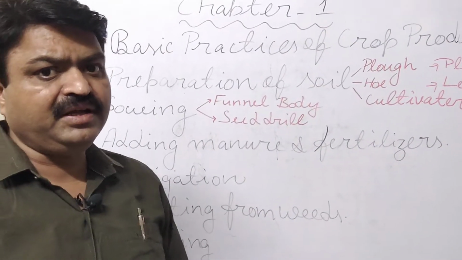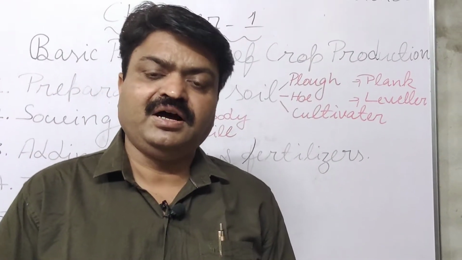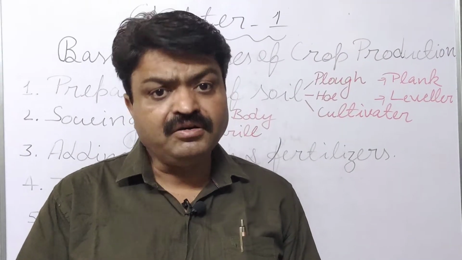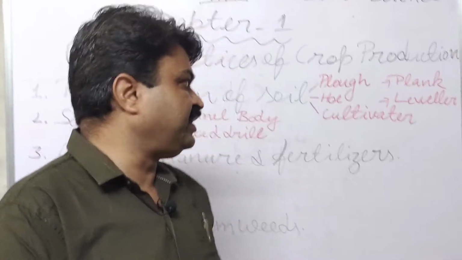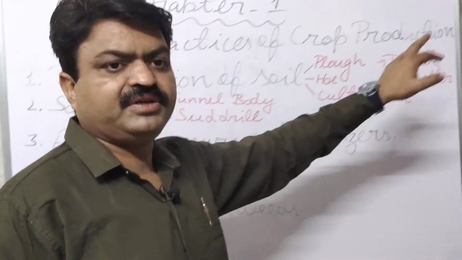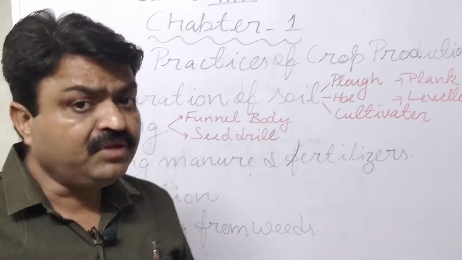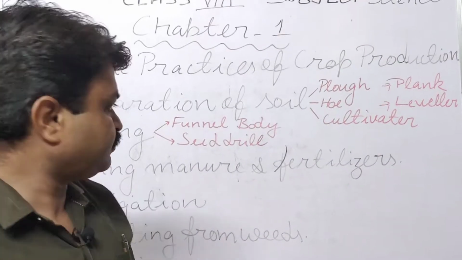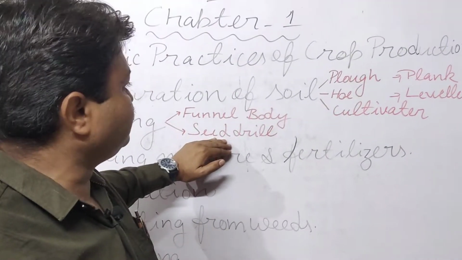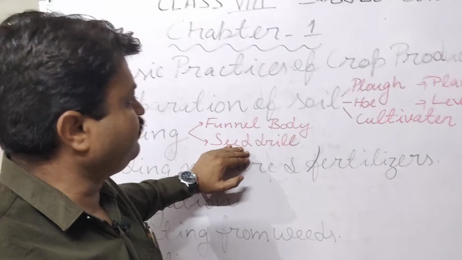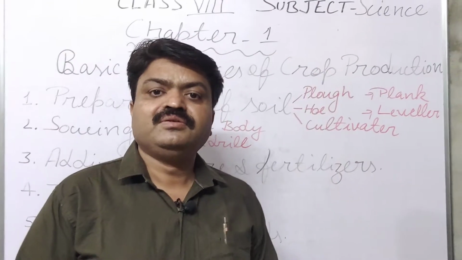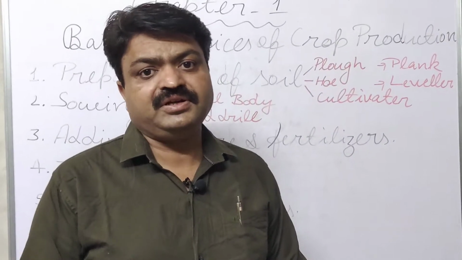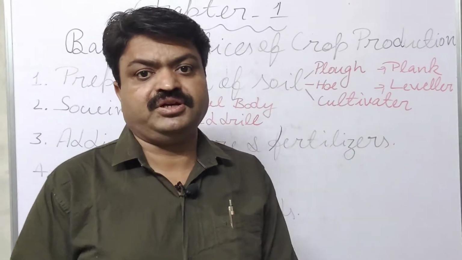With this, seed drills are also used. These seed drills are used with the cultivators, student. The cultivators or the seed drills are adjusted so that the farmers can easily sow the seed in large fields, student.